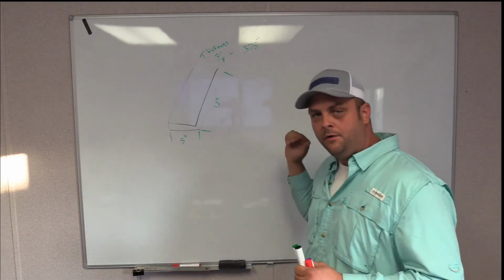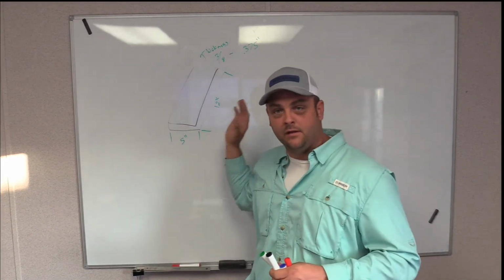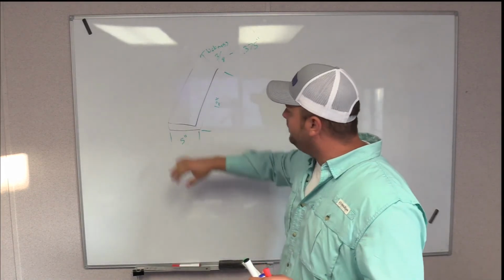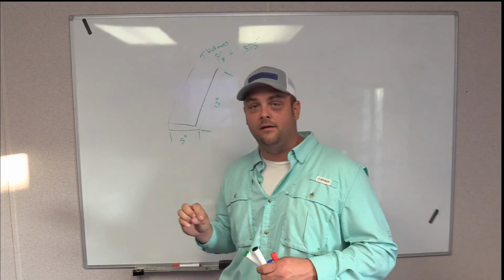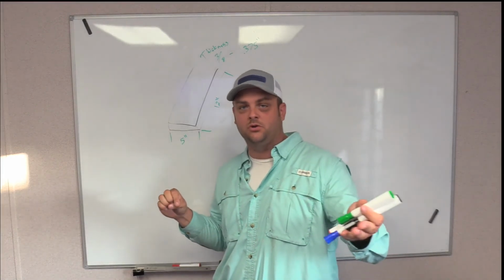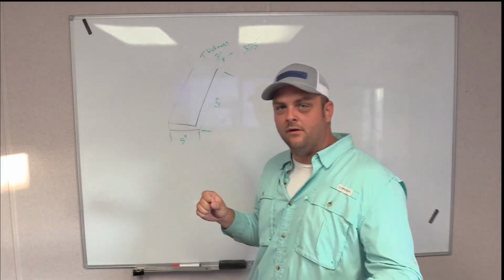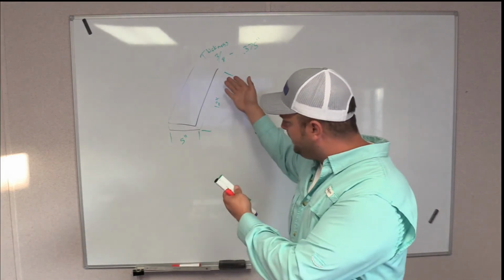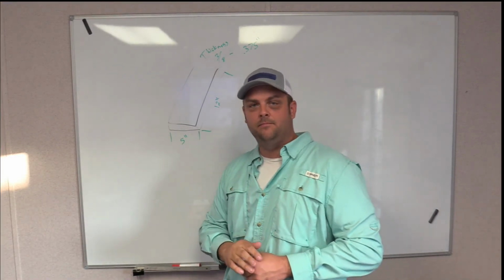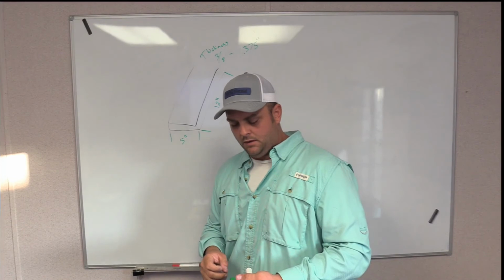So you'll see on the test something like this, and they'll ask you to explain or give, if multiple choice, at least pick the answer that gives how much this piece of flat bar weighs.